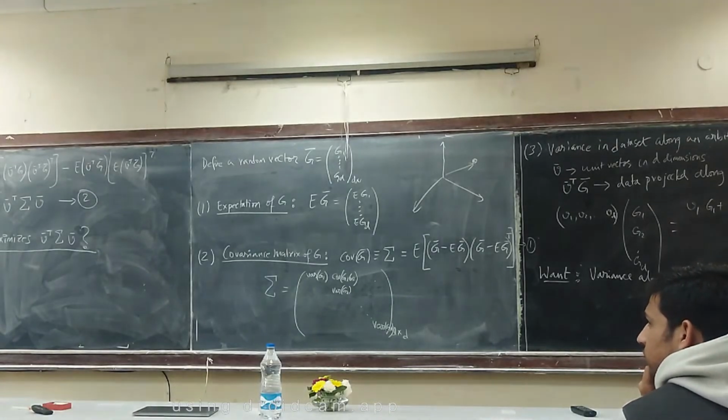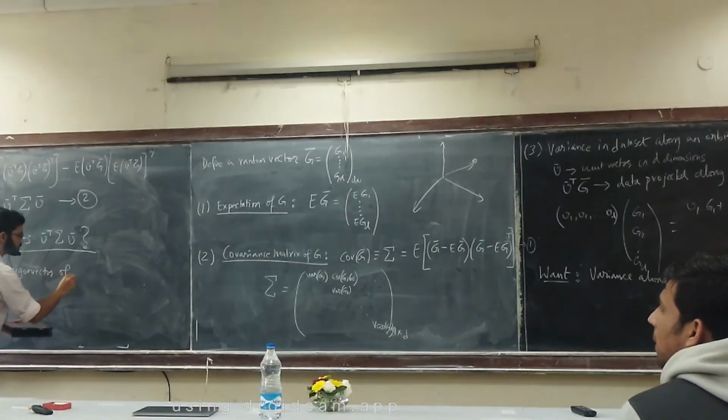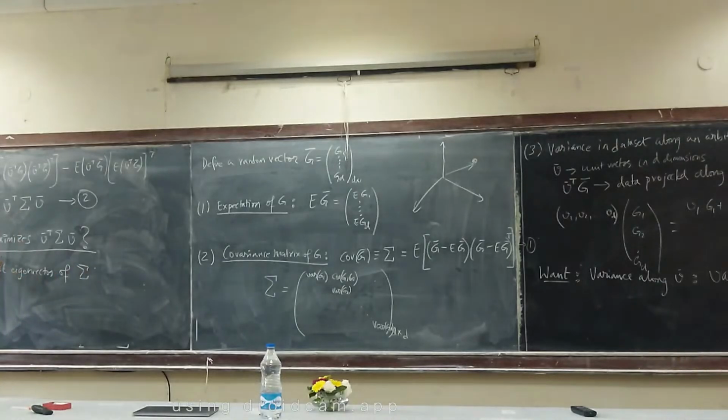It turns out, I'm giving you the answer, that the answer to this problem is the first eigenvector of sigma. This is an incredibly powerful result, which lies at the heart of what we call principal component analysis.